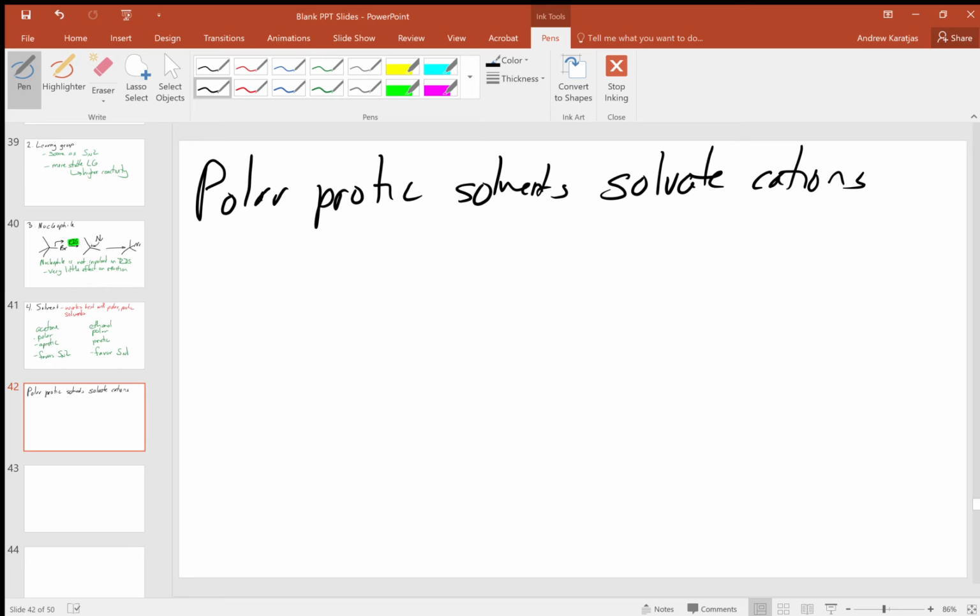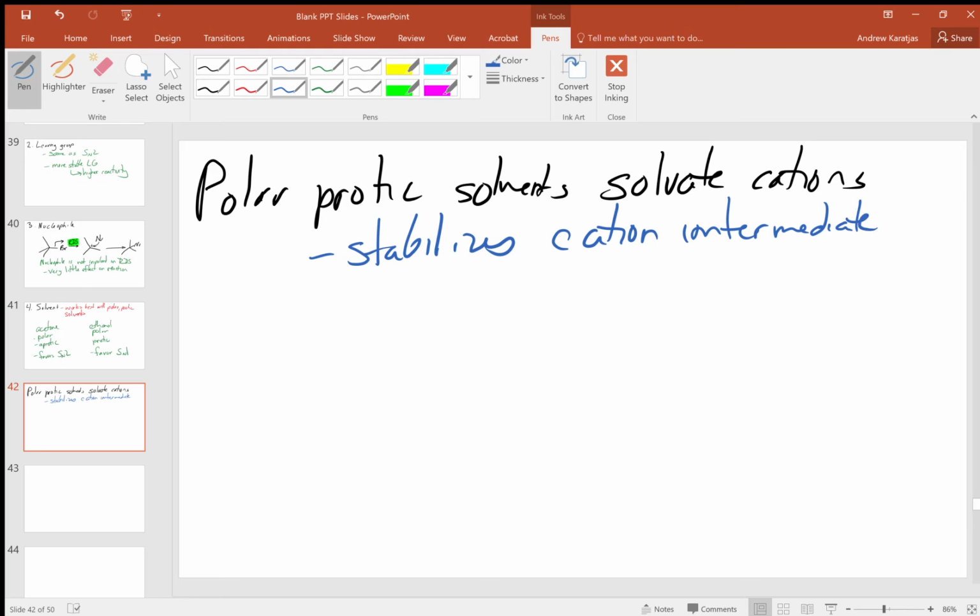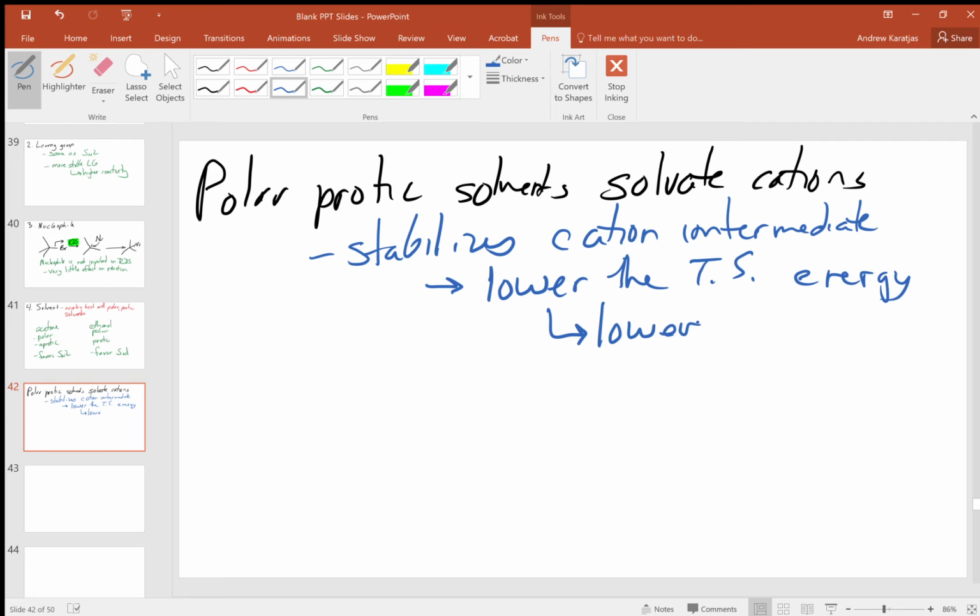So polar protic solvents are able to do a good job of solvating cations. As a result, in an SN1 reaction, it's able to stabilize the cation intermediates. And as we've talked about before, if you stabilize the intermediate, you lower the transition state energy, which as a result lowers the activation energy.